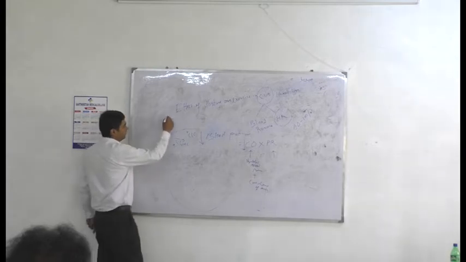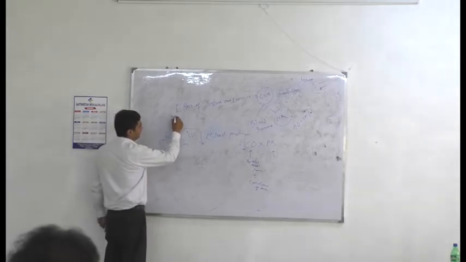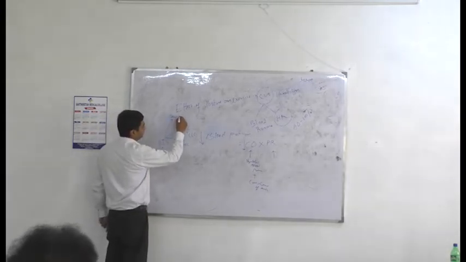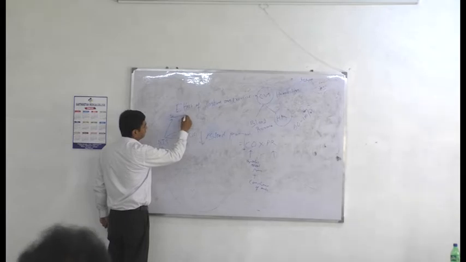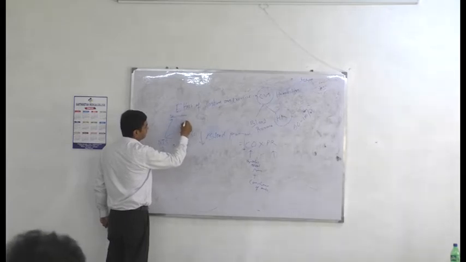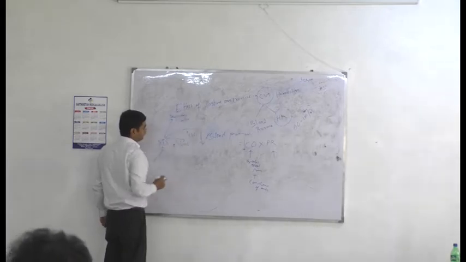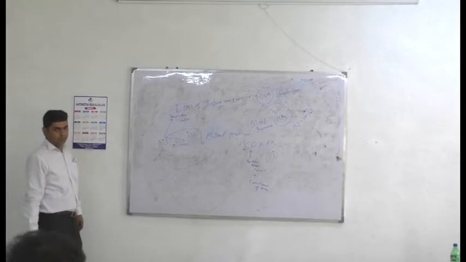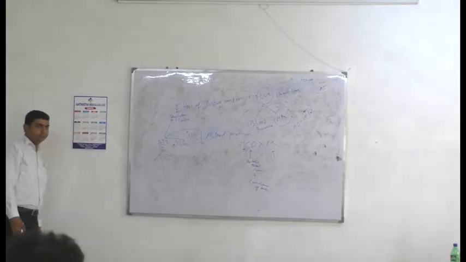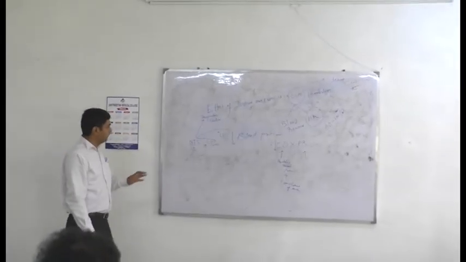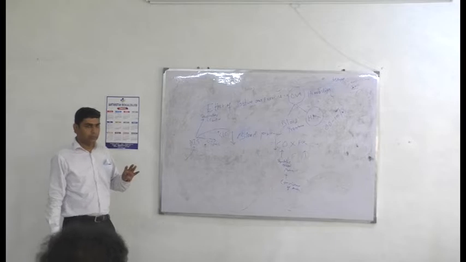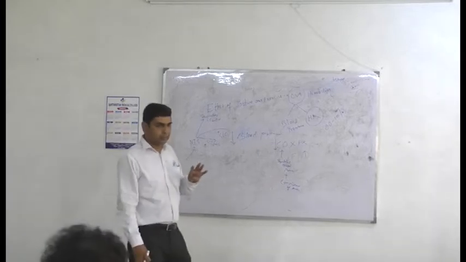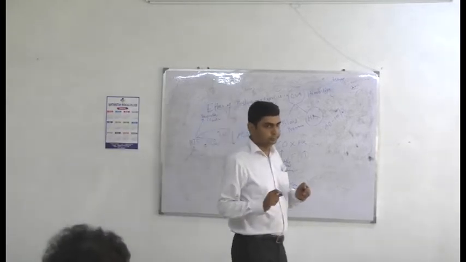And the third one is the respiratory center. This is the main controller of our blood pressure during posture.